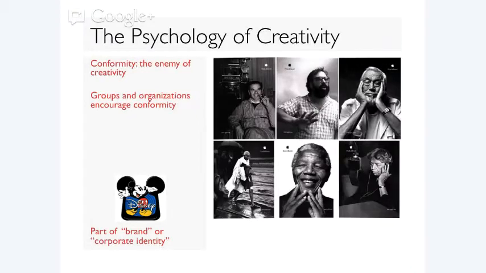So conformity is the enemy of creativity. And anyone who's ever been part of a club or an organization they identify with, like Cal, right? You know there's some pressure to go along with the brand or the identity of that place and that organization.